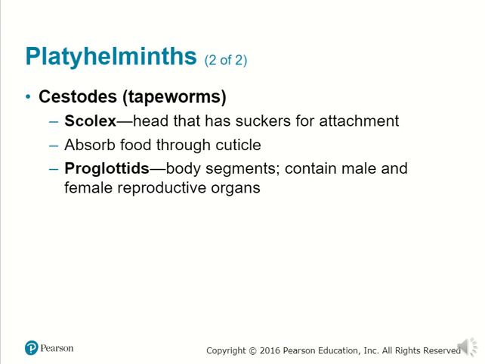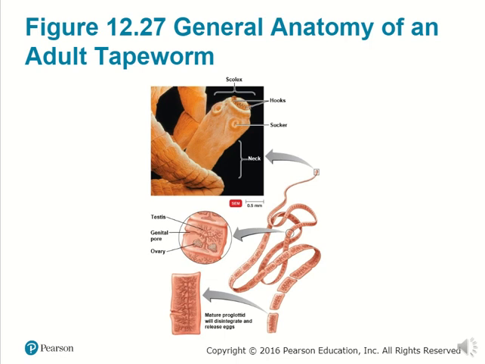For cestodes, examples including tapeworms, there is the scolex, which is a head that has suckers for attachment. They absorb food through cuticles, and the proglottids are body segments that contain male and female reproductive organs.